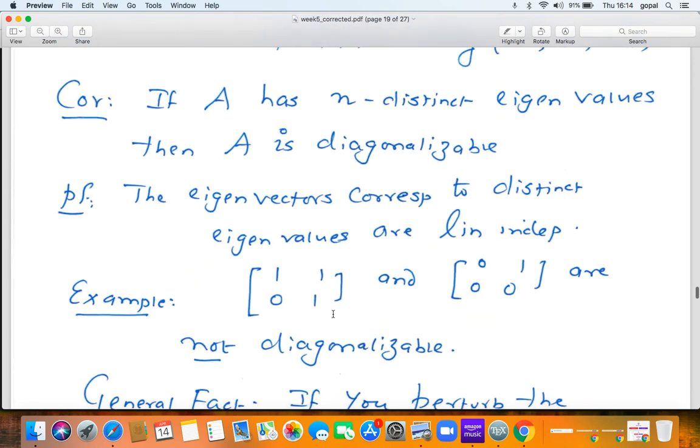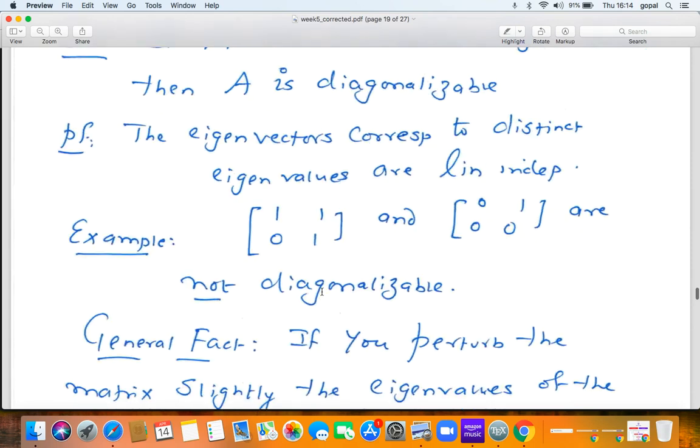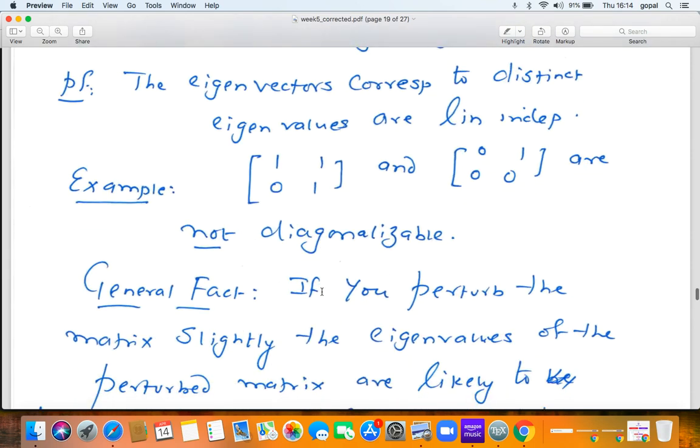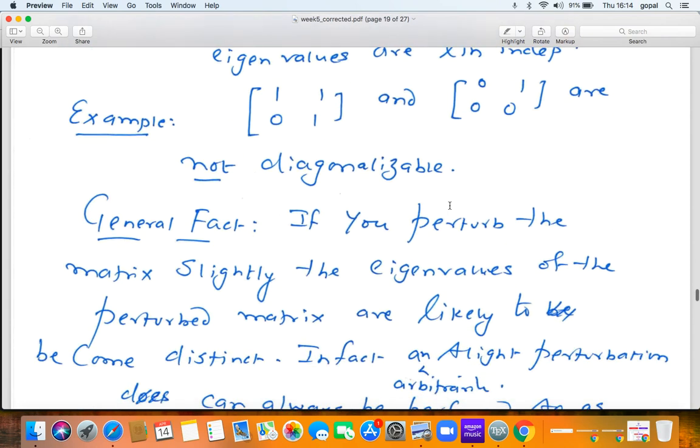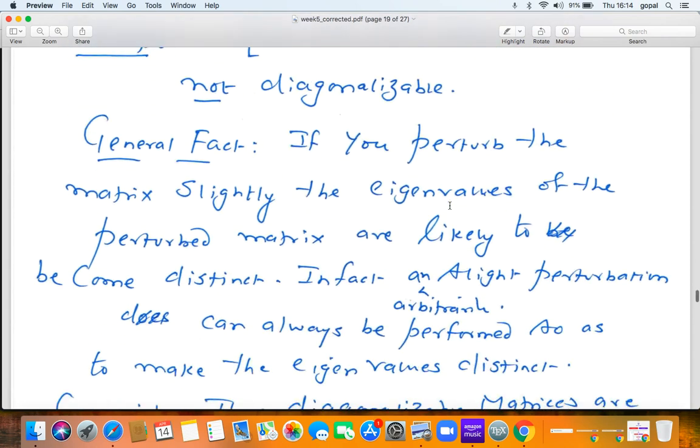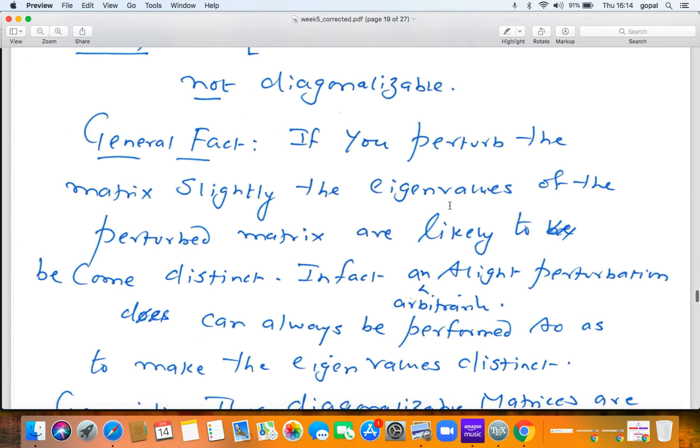These two matrices are not diagonalizable. I have already done 0, 1, 0, 0. You can try 1, 1, 0, 1. It's a general fact that if you perturb a matrix... what do you mean by perturbing a matrix?